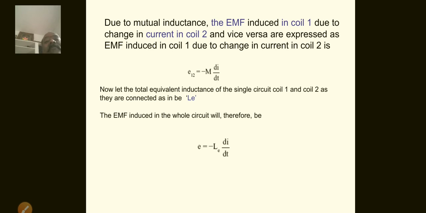Now let the total equivalent inductance of the single circuit of coil 1 and coil 2, as connected, be LE. So the EMF induced in the whole circuit is E equal to minus LE di by dt.